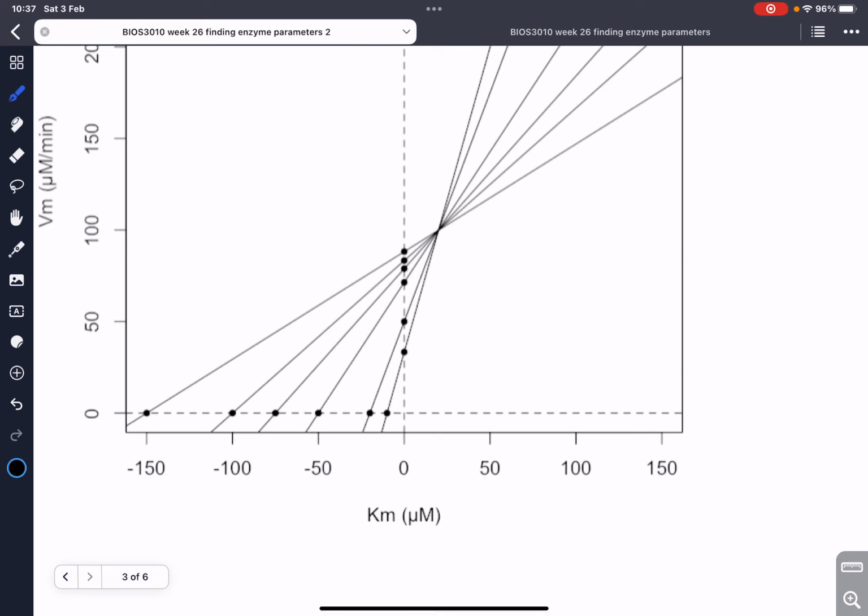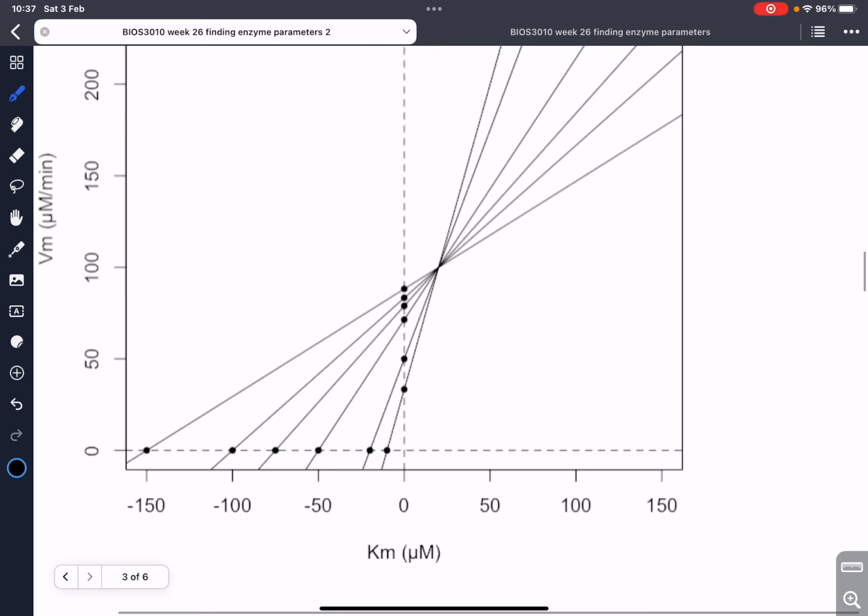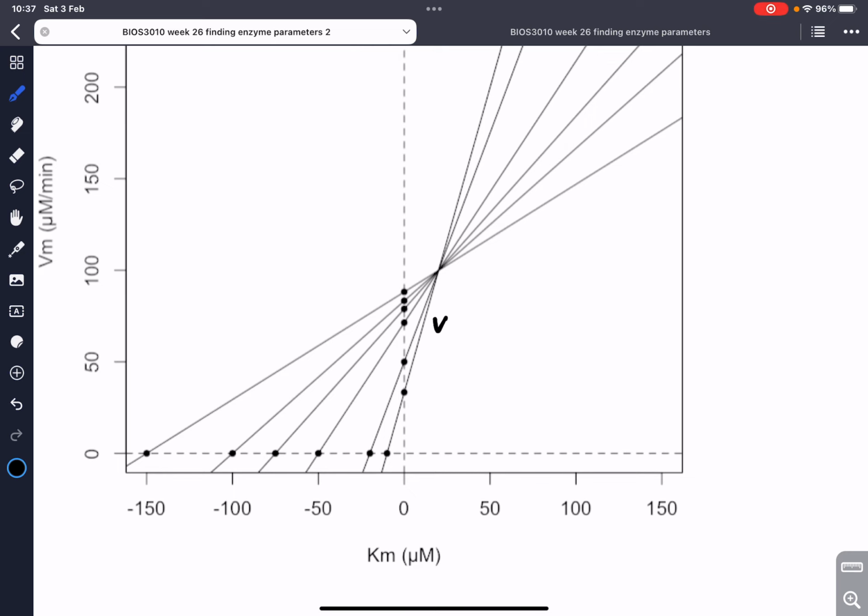Here we've got the different substrate concentrations plotted in the negative range, and the corresponding values for the rates. We see that the lines all intersect in more or less one point.